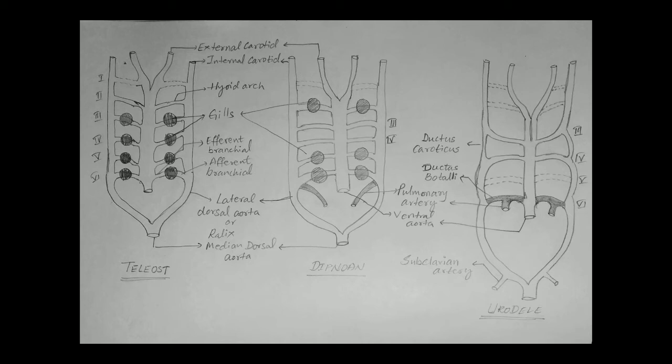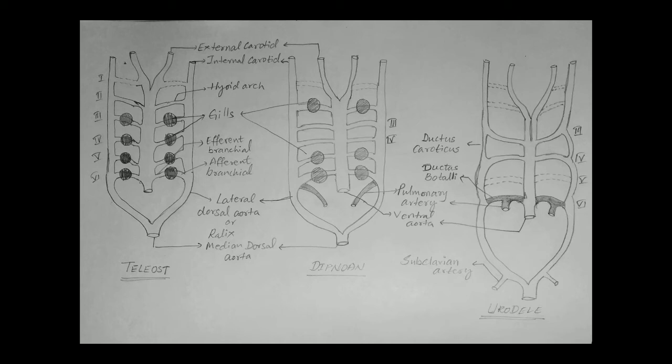Urodela is a particular order in amphibia. They are the tailed amphibians, and salamanders and newts are included in it. The tailed amphibians usually have a different aortic system, and only a partial shift from fishes is seen in them.